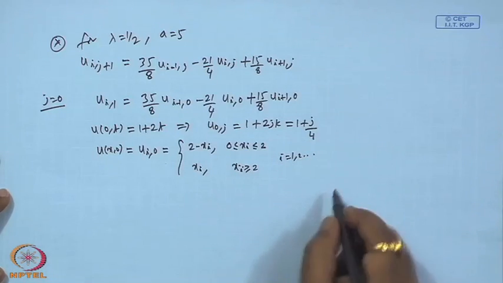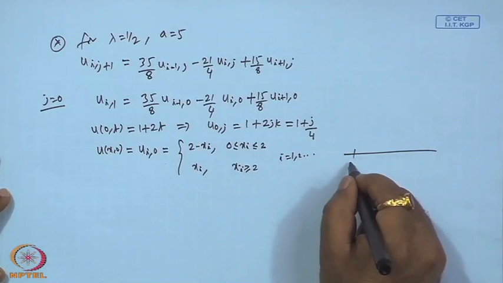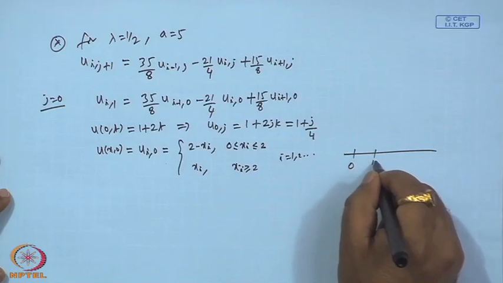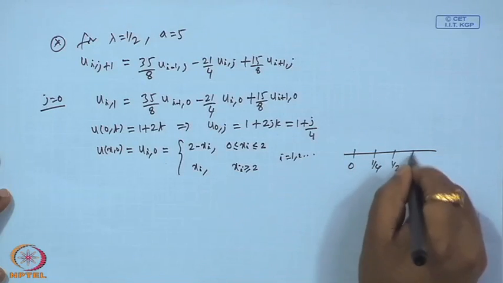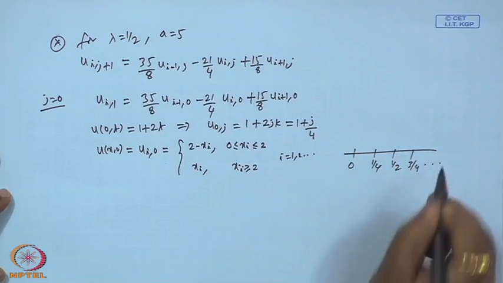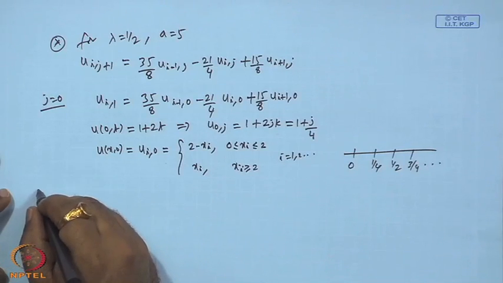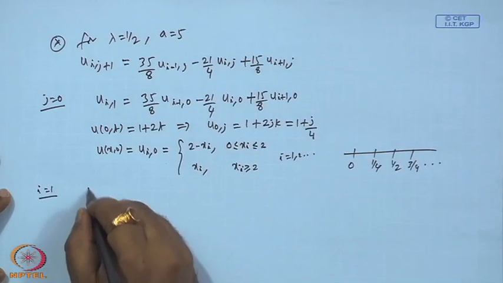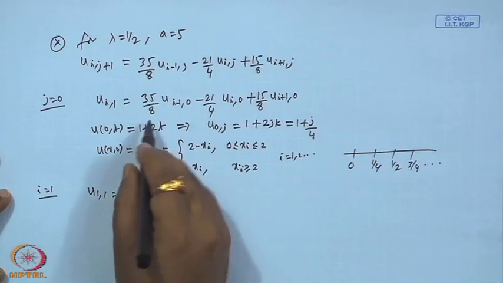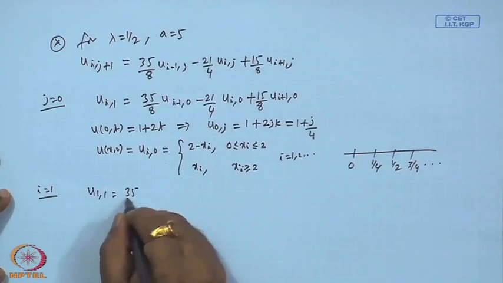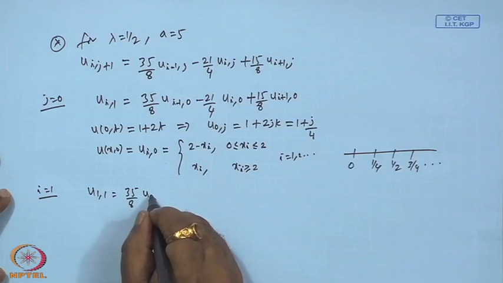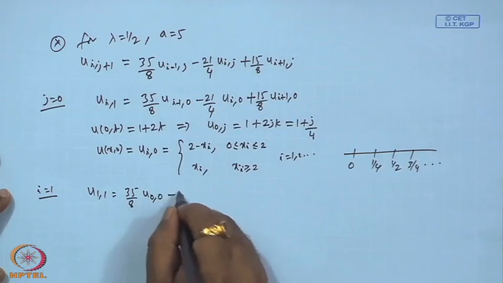So, now, so on. So, consider I equals to 1. So, then u 1 1 is 35 by 8, u 0 0.